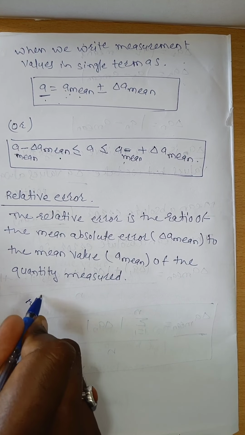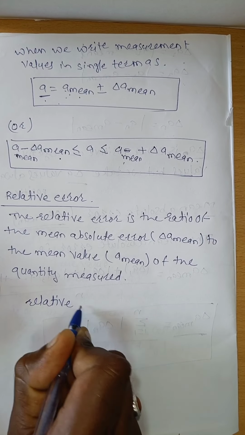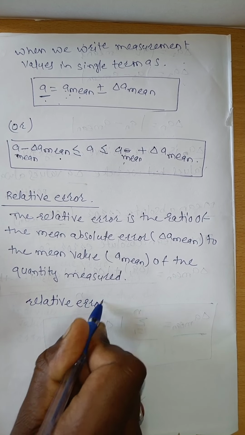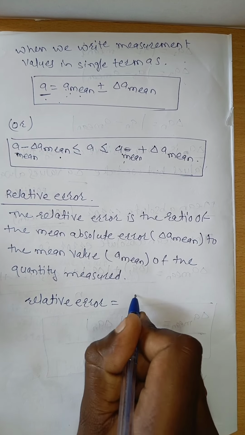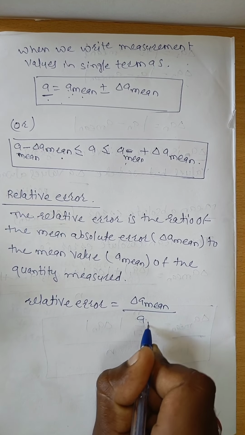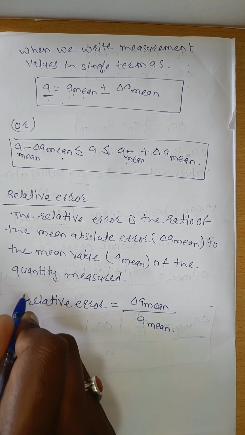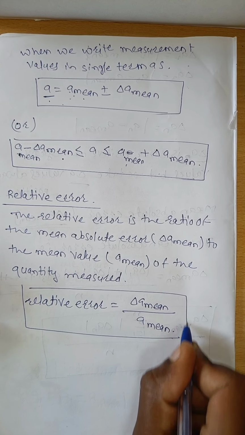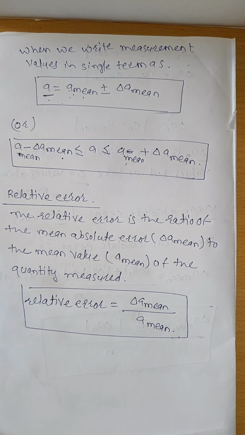That is the relative error, which is equal to delta A mean divided by A mean. Relative error means the ratio between mean absolute error and the mean value.